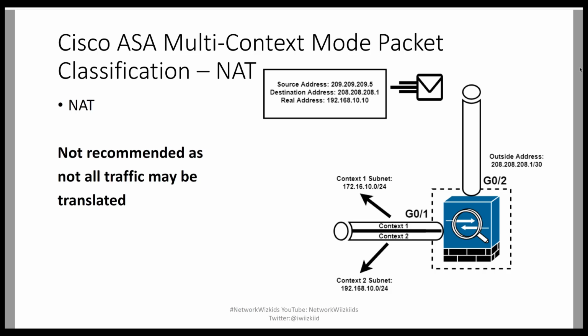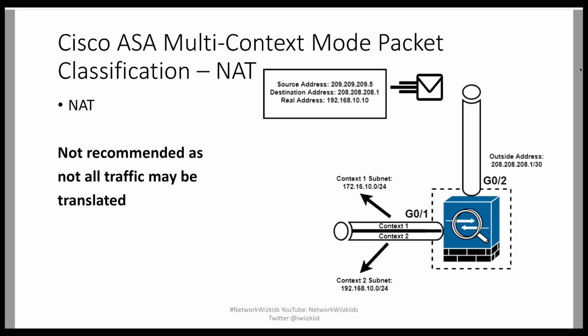So in our example, we can see that the source address is 209.209.209.5. Destination is 208.208.208.1, which is Gig 0/2 outside, and then we've got the real addresses 192.168.10.10, which is actually going to fall under context 2.